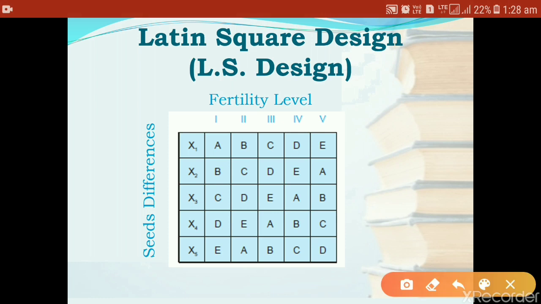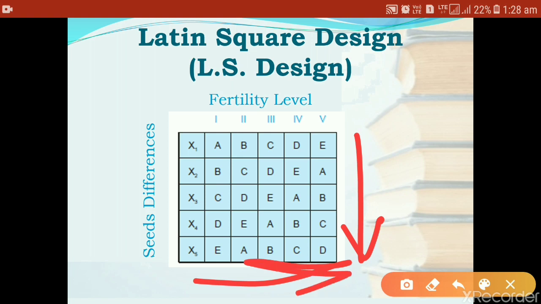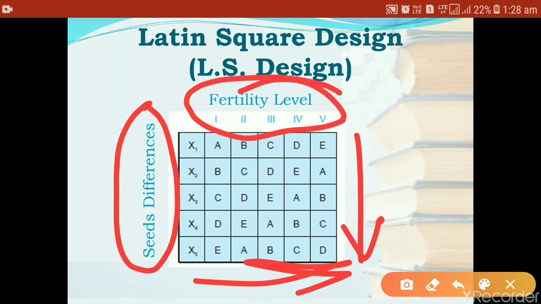Here each fertilizer appears 5 times but is used only once in each row. So the field is divided into rows and columns. The different types of seeds we have taken, different fertility levels we have mentioned. One particular type of seed is put in all the fertility levels.